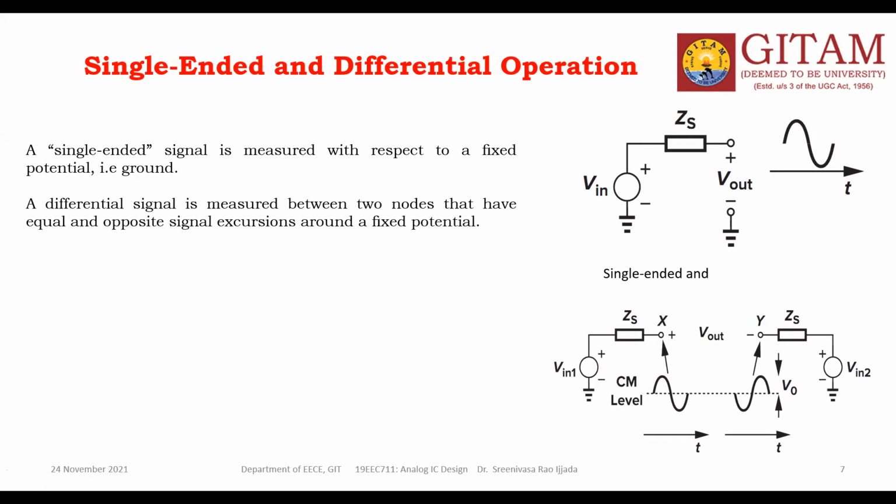You can measure this Vx with respect to this ground node. Similarly, at this node, the voltage is Vy, measured with respect to this ground. Then finally, the effective output voltage is nothing but Vx minus Vy.